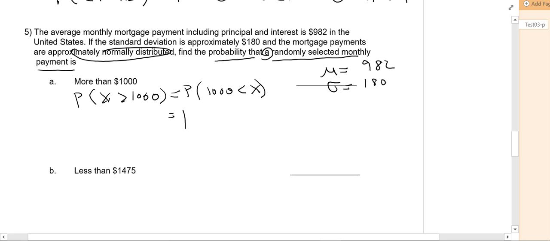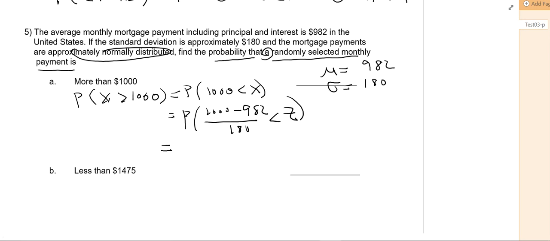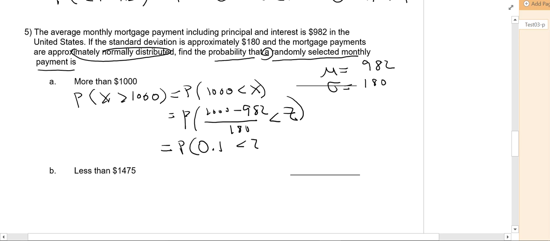I subtract the mean and divide by the standard deviation. I'm now working with a standard normal problem. If I do the math, this comes out to be 0.1. Now I can go to the table.